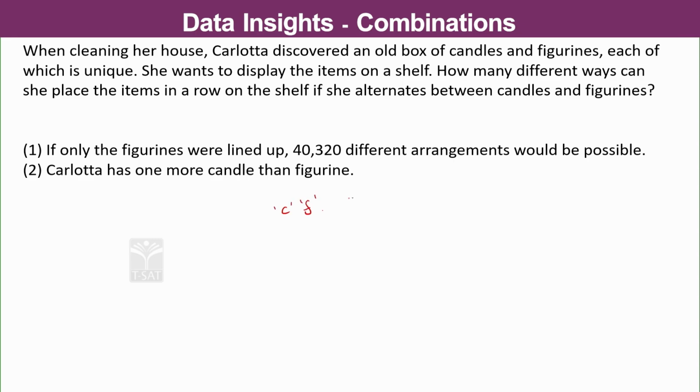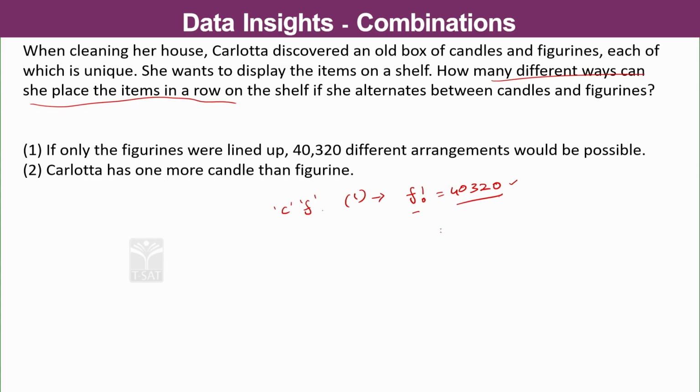So what does statement 1 tell us? It is telling us if only the figurines were lined up, that means it will be in F factorial ways, which is equal to 40320. By factorizing this, we can easily calculate the number of figurines F, but C is still unknown, so you cannot tell in how many different ways she can place the items in a row.